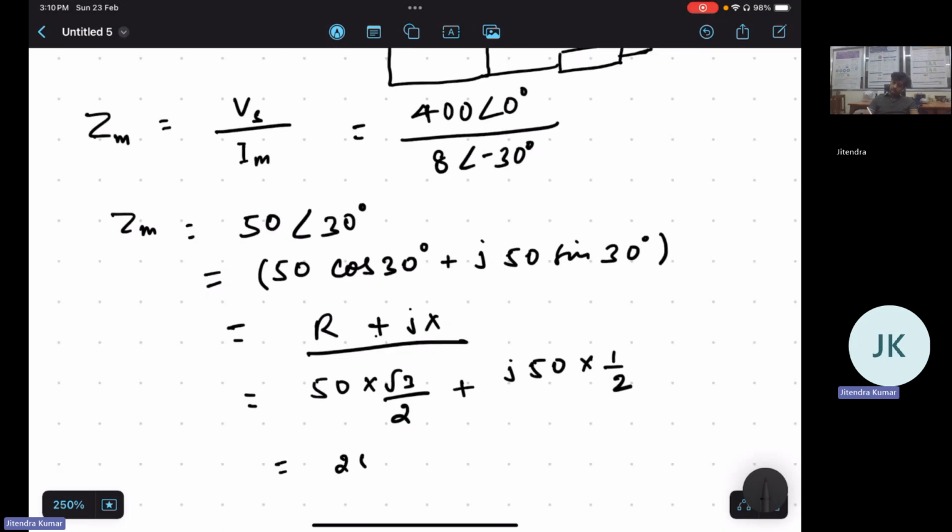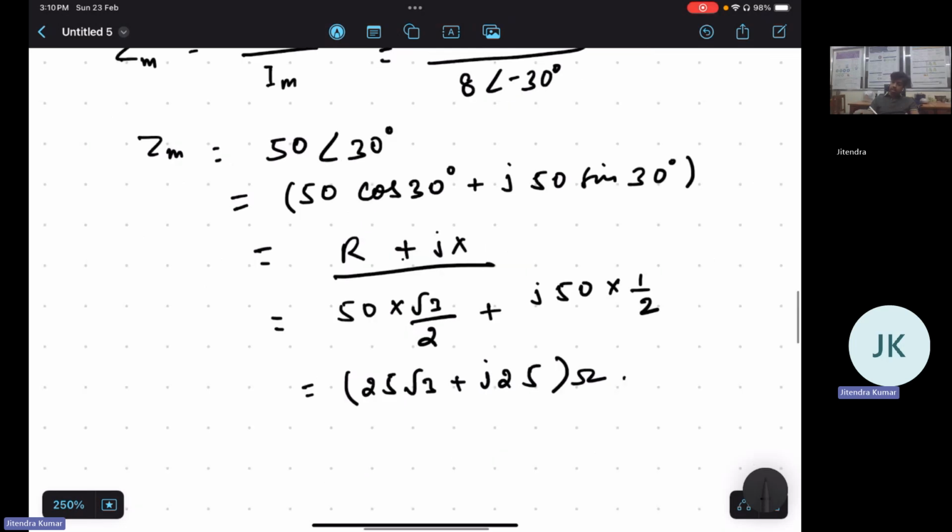So it will be 25 root 3 plus j 25 ohm. So the effective resistance of main winding is 25 root 3 ohm.